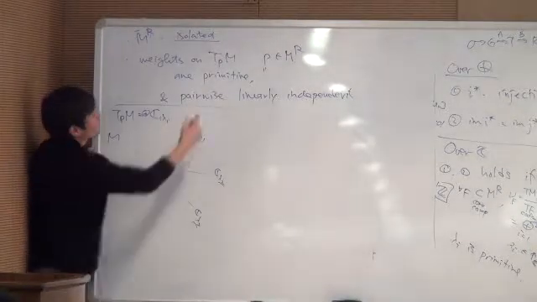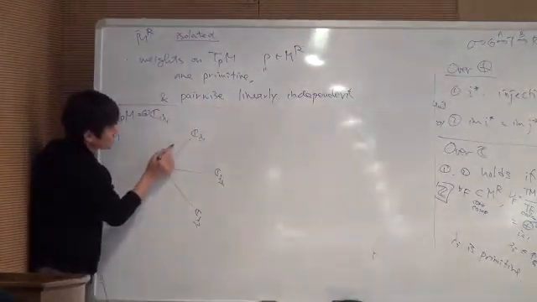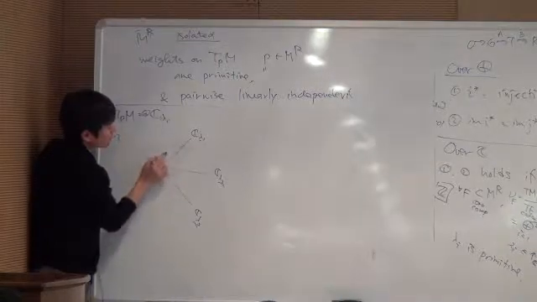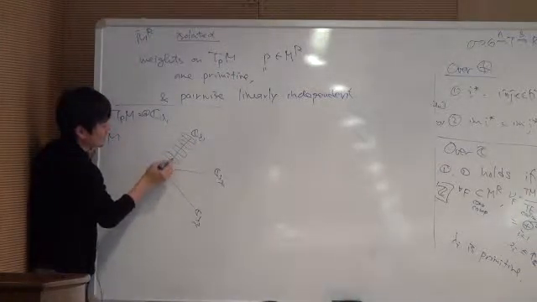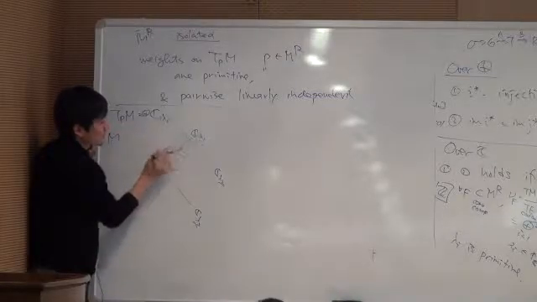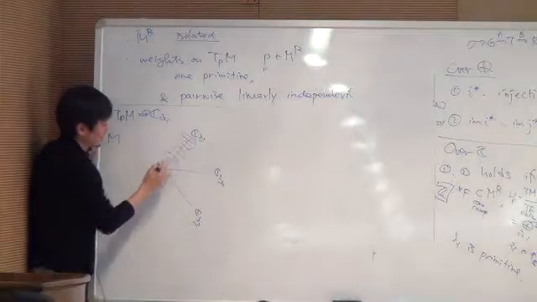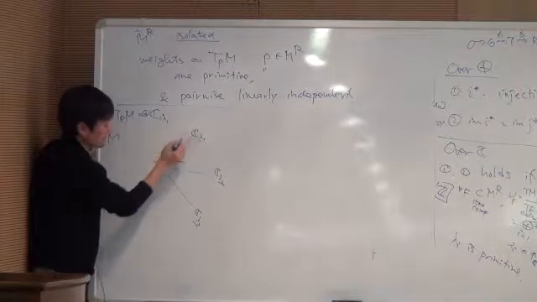It's actually primitive, so it's like a free circle action, a rotation around in this direction. So the orbit is a circle.